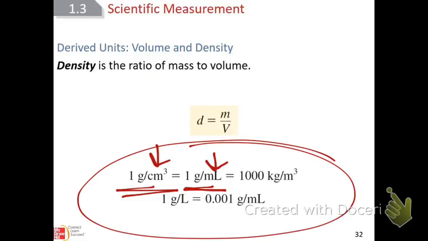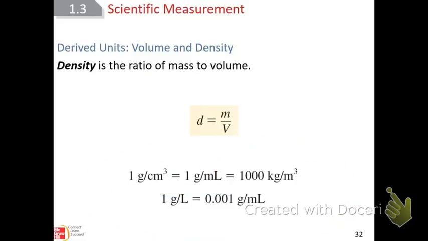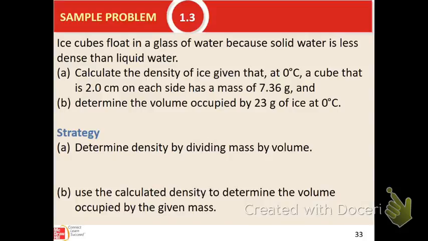We're going to do some work with density. And it asks you right here in your first sample problem for volume to find the density. If you're given the mass and you're given the length on each side of a cube, so you're going to take this cube right here, 2 centimeters on each side, you're going to find its volume. 2 times 2 times 2 is 8 cubic centimeters.